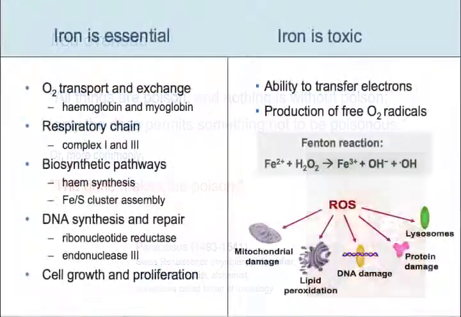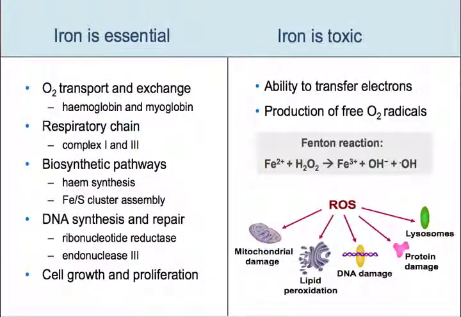On the one hand, iron is essential because it is needed for a great variety of pivotal biological processes. On the other hand, iron can be toxic, because it greatly catalyzes biochemical reactions that generate oxygen radicals. And those reactive oxygen species are the culprits.